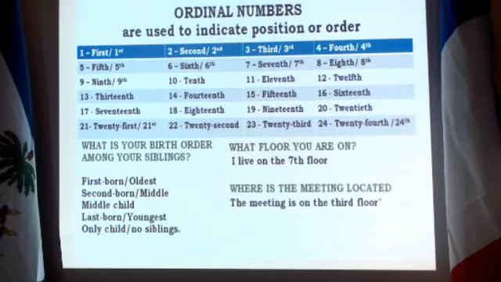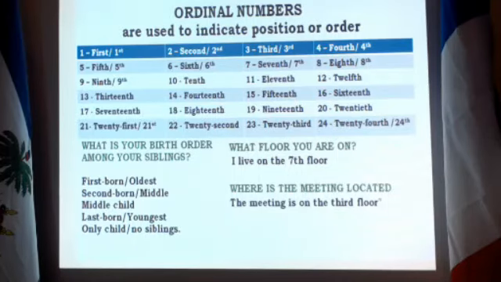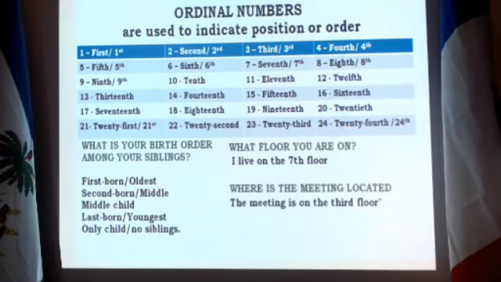That means you are the youngest, the last one, like my little sister, Charlene. I love her so much. Only child, no siblings. When you say I am the only child, that means no siblings. Now I'm going to ask you that question. What is your birth order among your siblings?